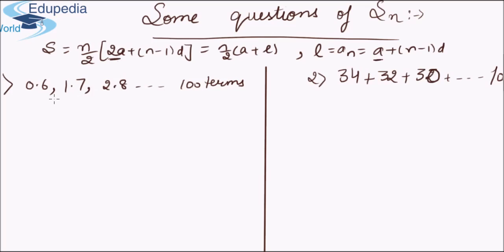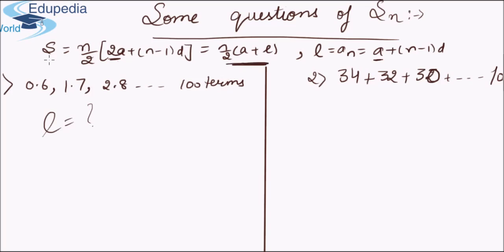Now the first question says we have an AP with these terms 0.6, 1.7 and 2.8. We have to find the sum up to 100 terms. Since here the last term is not specified, we can't use this formula.